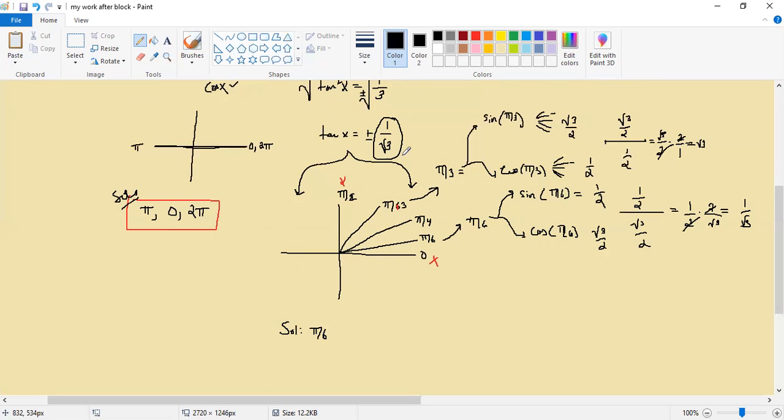Well, actually, for the positive version, we recognize that the sine, let's see, in this case, there would actually be another solution, I'm suspecting, because positive 1 over under root 3, we're looking for, let's see here.